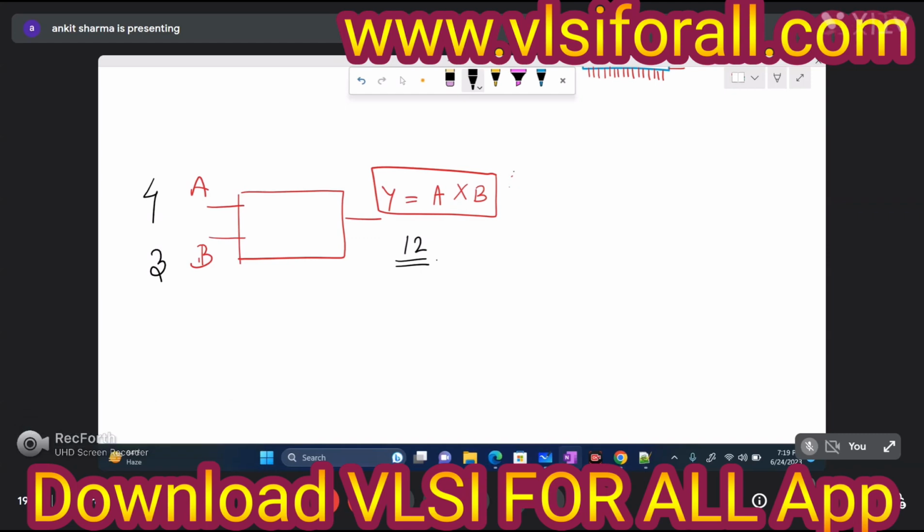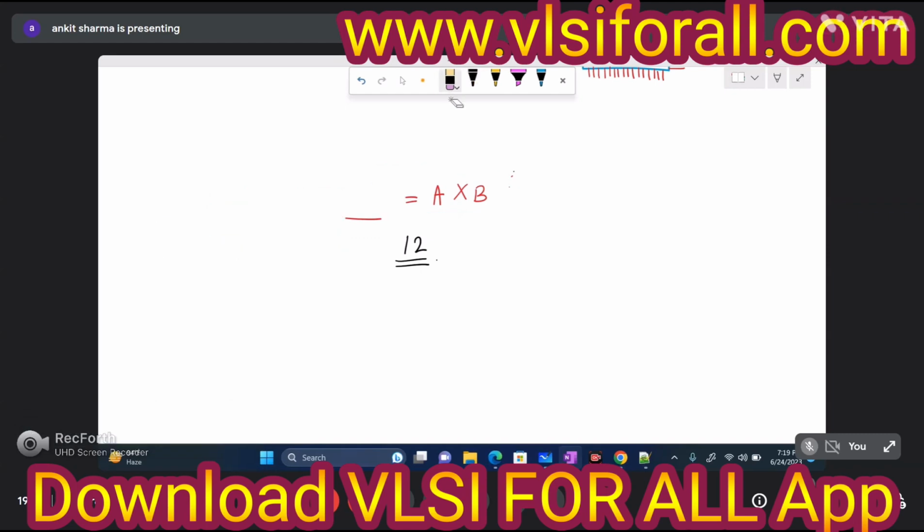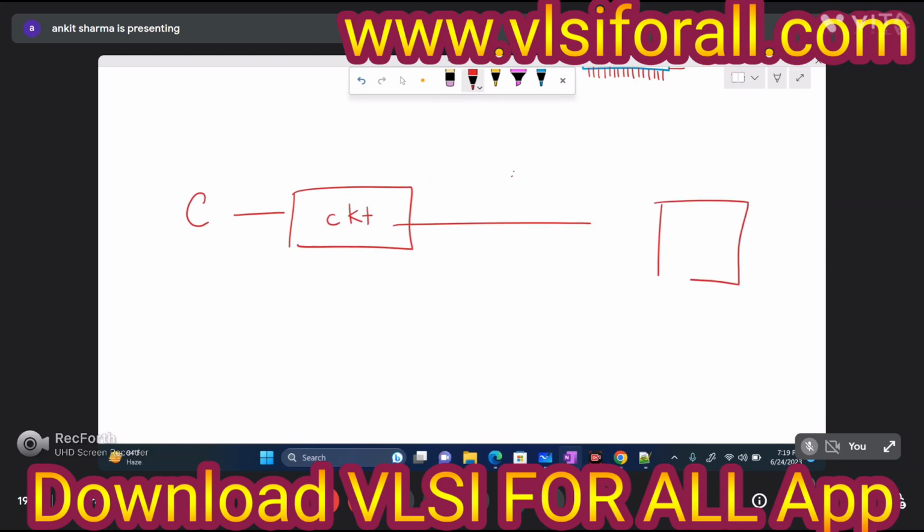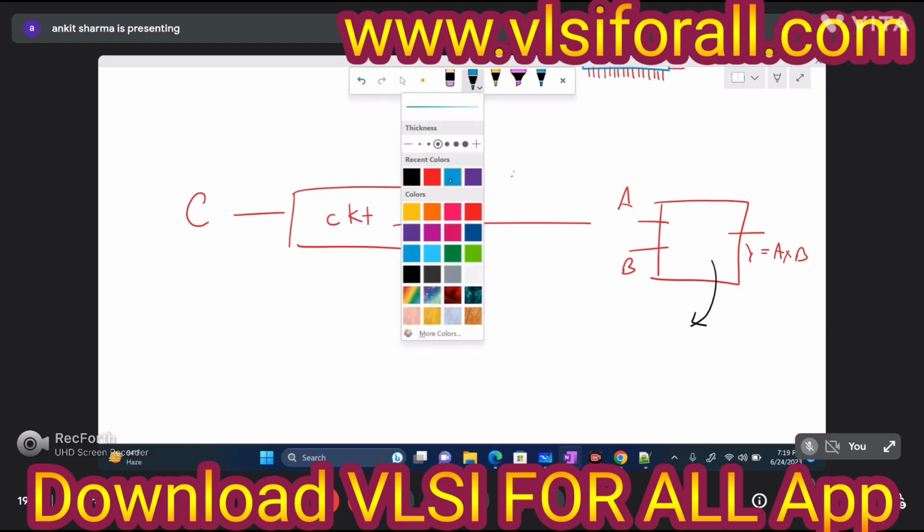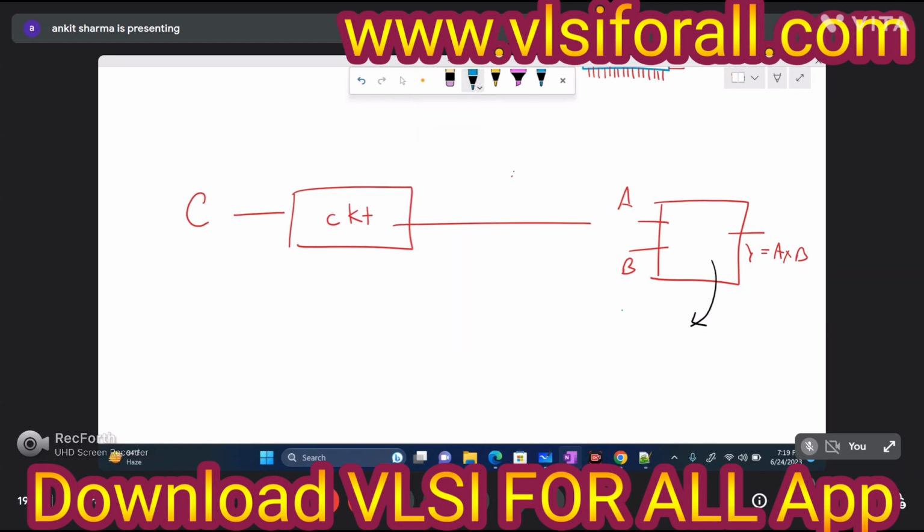So you made a circuit properly, and you send this circuit directly to the customer. The customer comes to you, you make a circuit, and in the form of a device, you send it to the customer: A, B, and Y equals A into B. The customer receives this and pays you some amount.